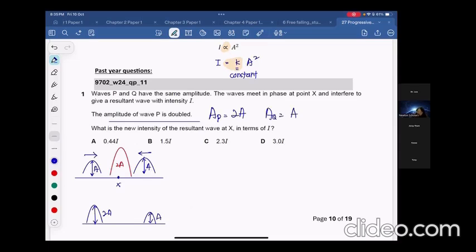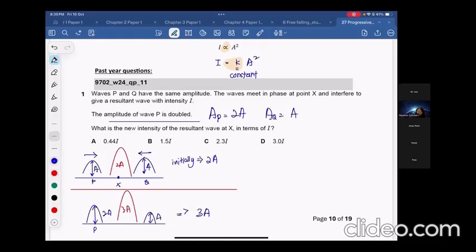So initially our resultant is 2 amplitude, now we become how many? We become 3 amplitude, not ampere. Why did I say ampere? 3 amplitude, not ampere. Because P becomes 2 amplitude and Q is 1 amplitude. Now they add up together, and become 3 amplitude. This is the case.